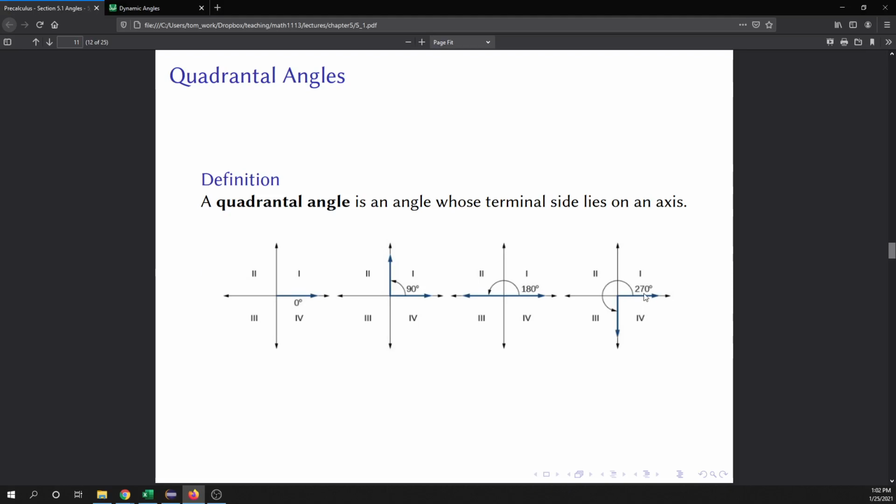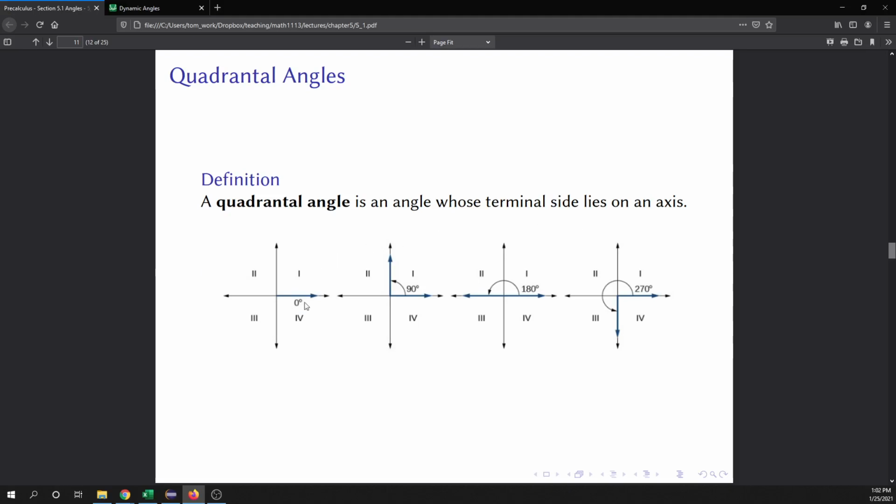So it would be 360 and 720, and many other angles can be quadrantal as well. All right, so those are just angles whose terminal side lies on an axis.